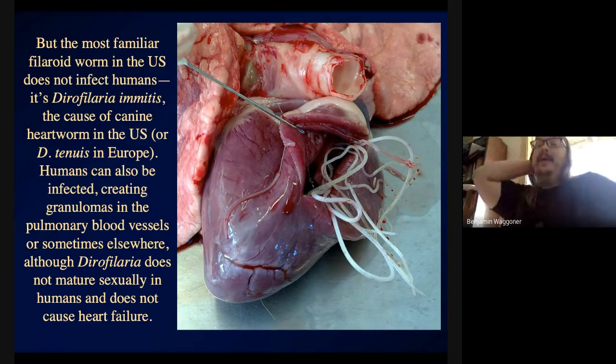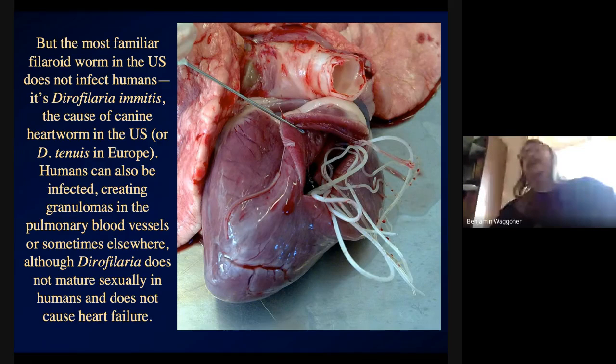But it can certainly inhabit a dog heart, and can become so numerous that it starts causing enlargement of the heart and heart failure. This is something that veterinarians around here are very familiar with, and a reason why you're supposed to medicate your dogs to make sure that it never gets to this point.